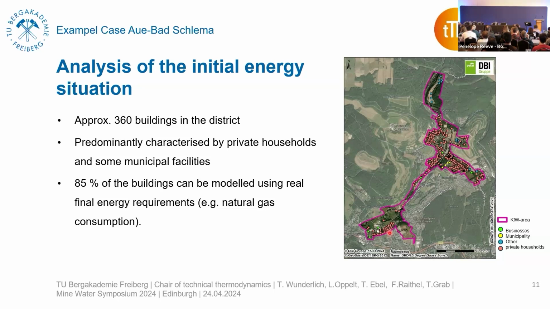And we simulate the houses by a big data sheet and modeling of all the heat sources. There, more or less 85% is consumed by natural gas. But we can maybe supply that in the next couple of years by mine water energy.